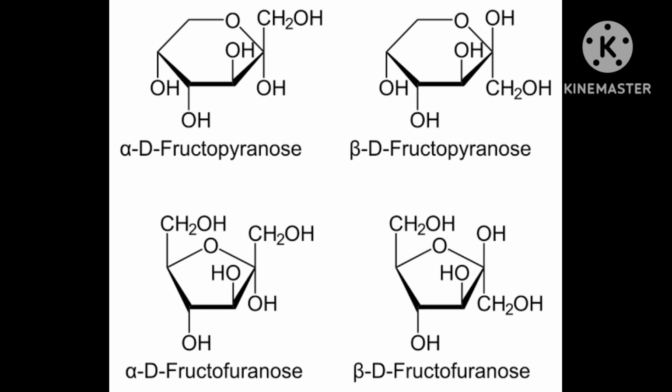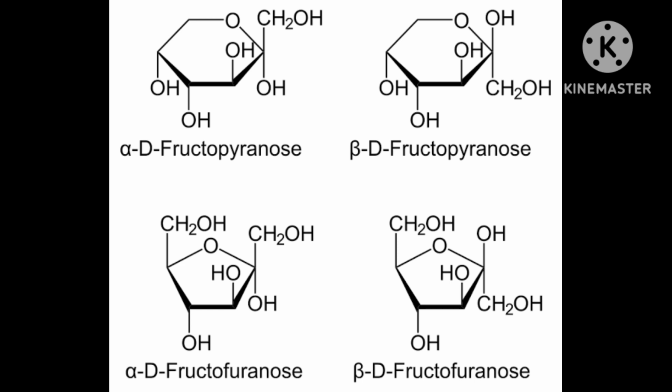In alpha, the carbon number 2 CH2OH was upside. Now this CH2OH is down in the case of beta. In alpha CH2OH was upside, and with carbon number 6 the CH2OH is as it is, outside.